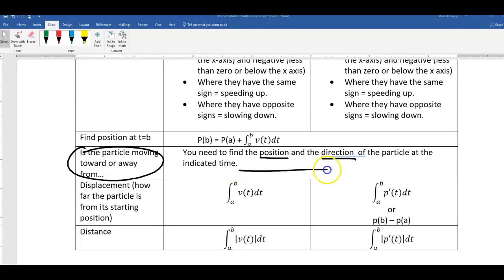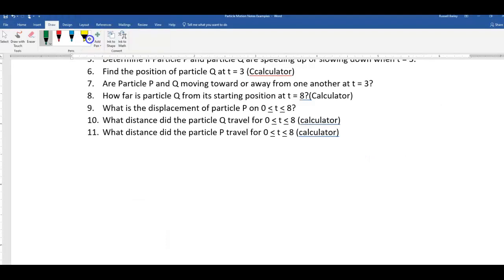So like, for instance, let's say that I know the object is here and it's moving in that direction. Well, then I'll know if it's moving towards something. So if I have an object over here, then it's moving towards it. But if I have my object over here, it's moving away from it. And so you need to know both the position and the direction of the particle if you want to know if it's moving towards something or not.